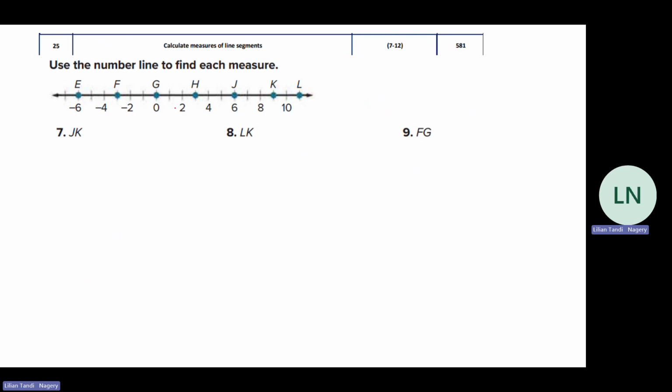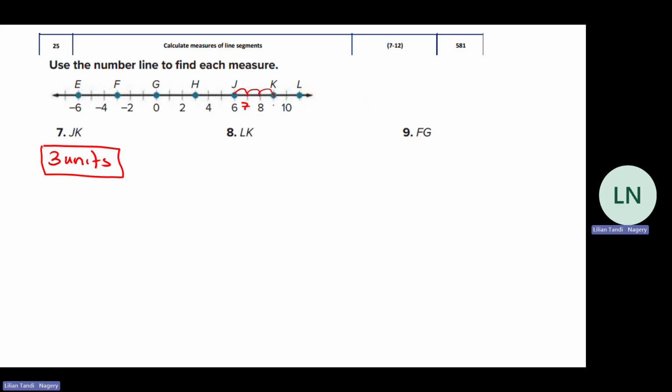J to K. All right, we want to move from J to K. It says use the number line. 1, 2, 3. J to K is 9 units. You box your answer. That's not true. I jumped 3 units.